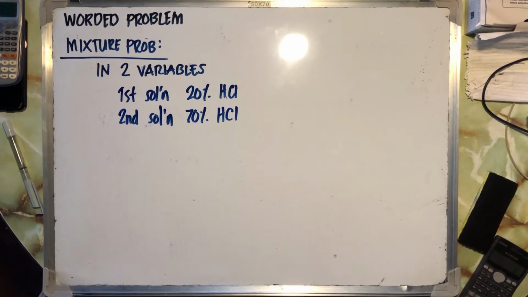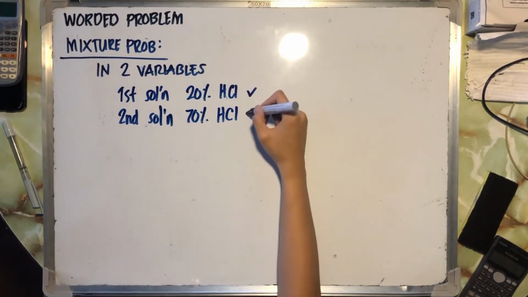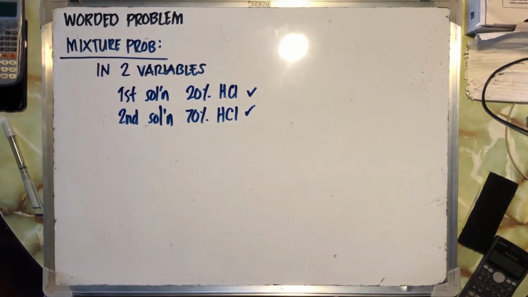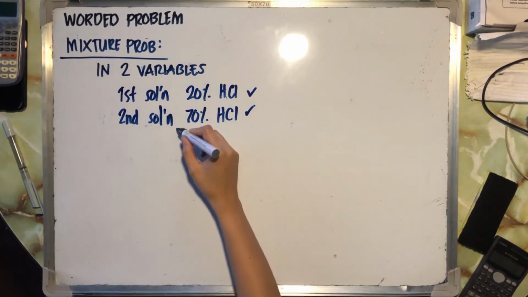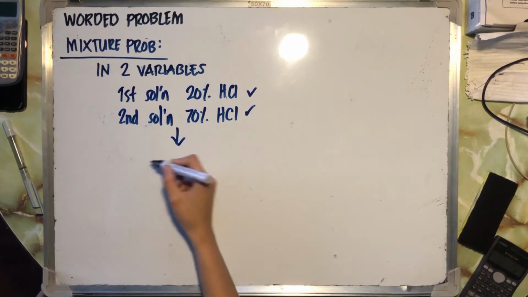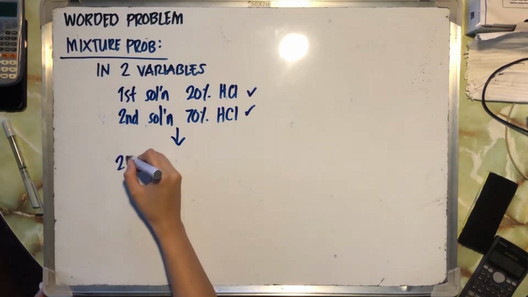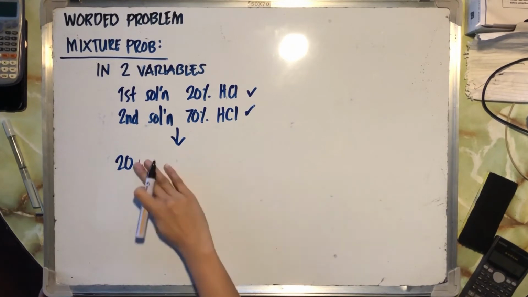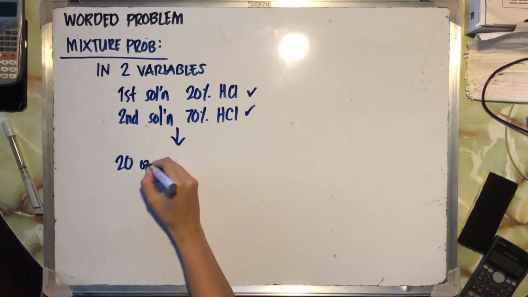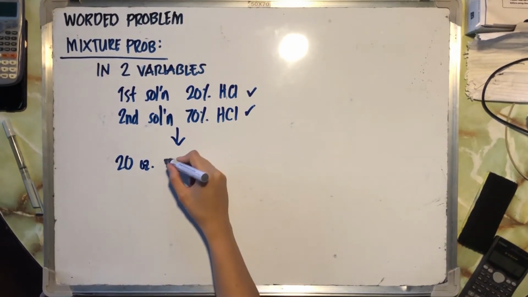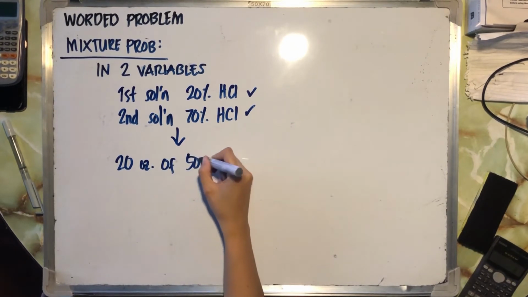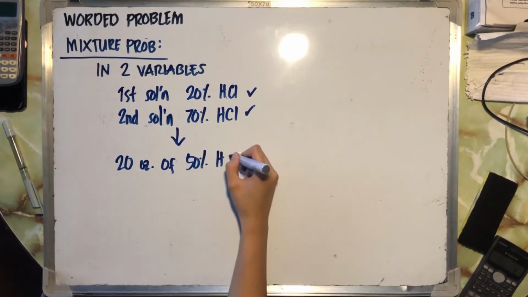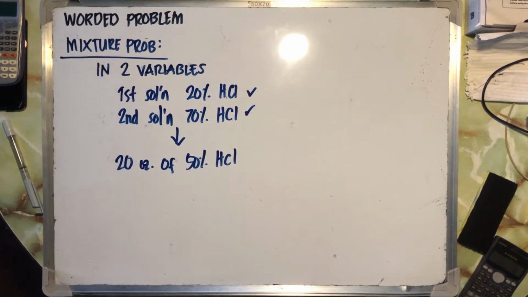Okay? Ang tanong niya, ilang ganito and ganyan daw ang pagsasamahin mo in such a way that you can produce, no, ito daw dapat yung magiging product, 20 ounces or 20 ounce and OZ pala ounce of 50% HCl. Yan.